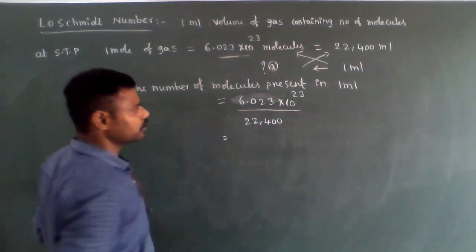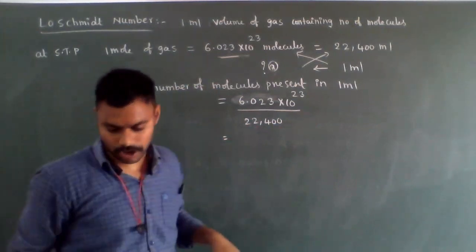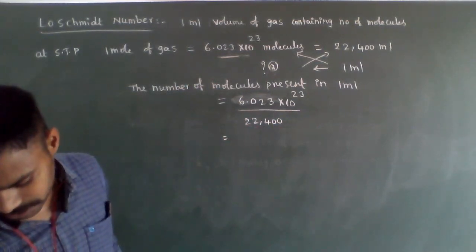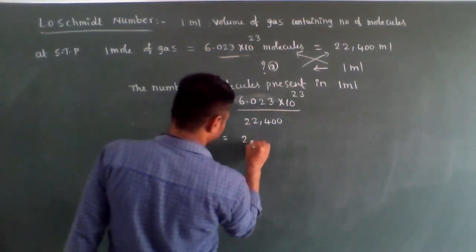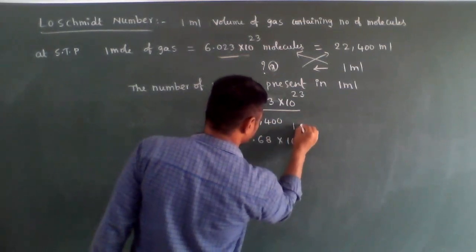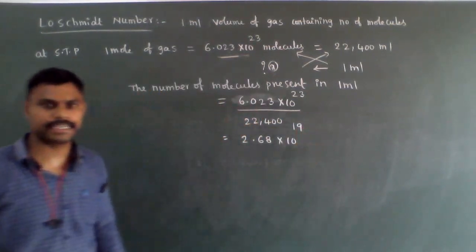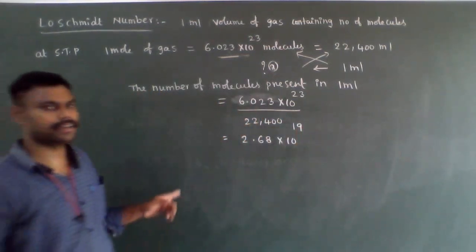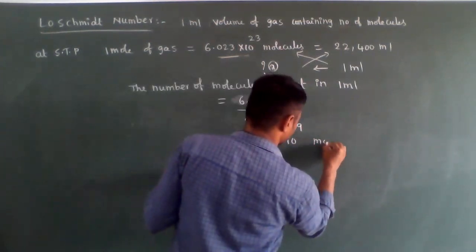If you simplify that, the value we get is 2.68 into 10 to the power of 19 molecules.